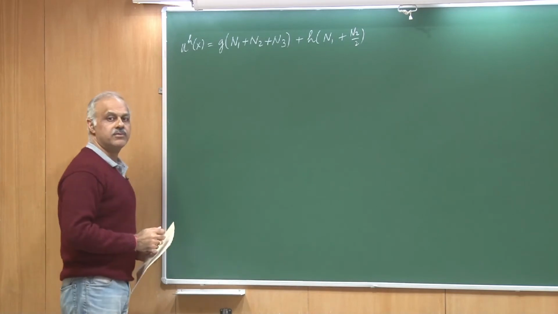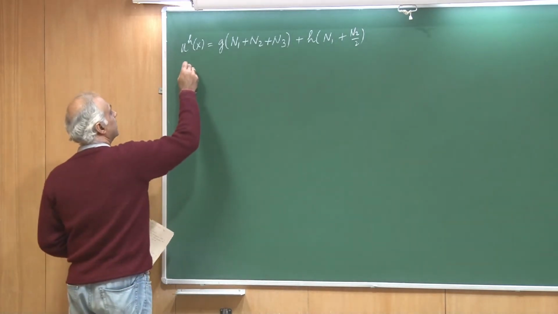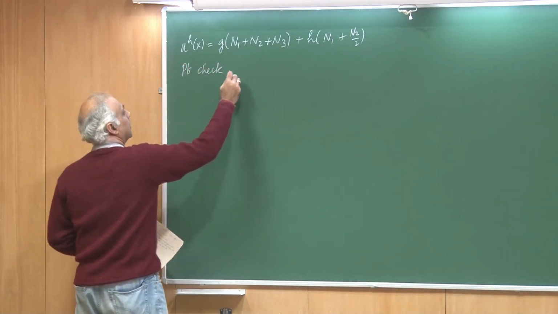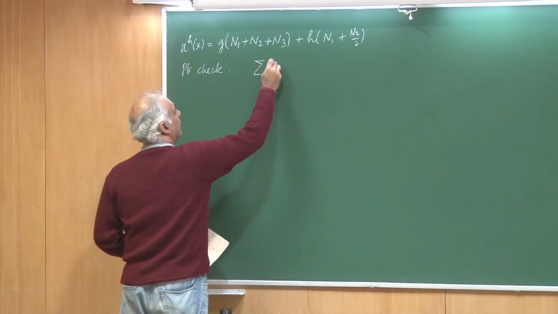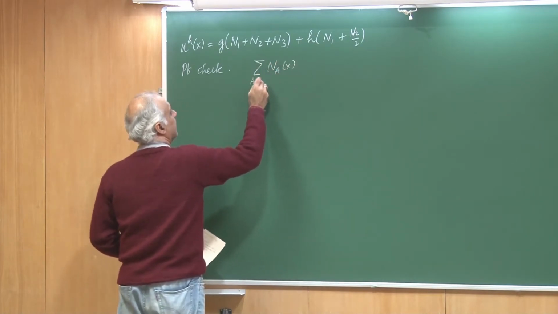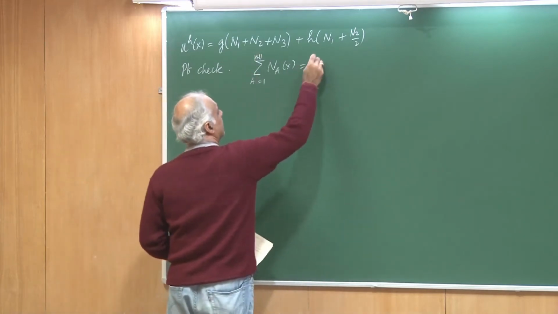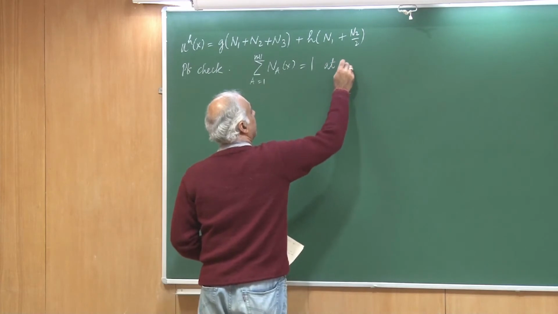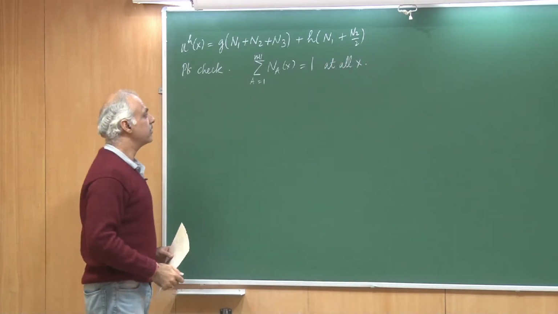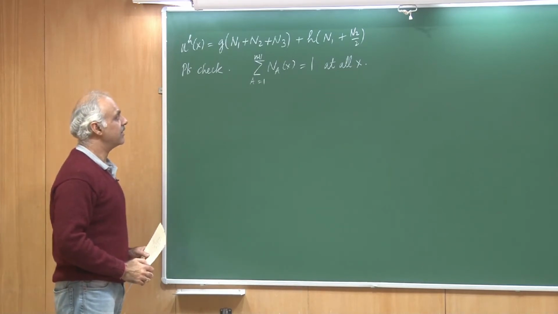In fact, I will show this later, but you can check that summation of all NAs, A going from 1 to n plus 1, is 1 at all x. This is a property of the shape functions that we have defined, or the basis functions that we have defined.